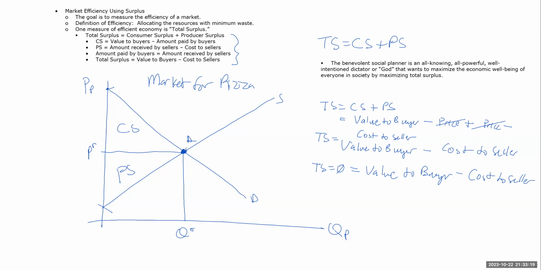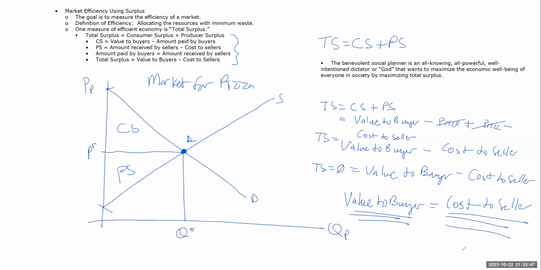We could see that exactly in equilibrium, value to buyer equals cost to seller. In equilibrium, in this marketplace for pizza, society's value, those who buy pizza, their value exactly equals the cost to the seller.